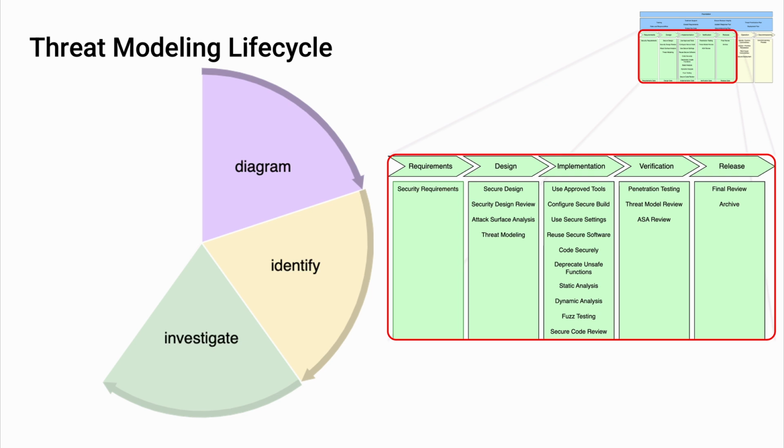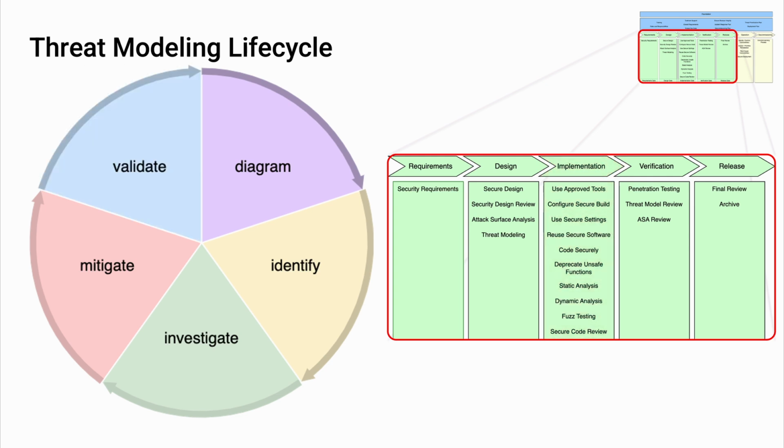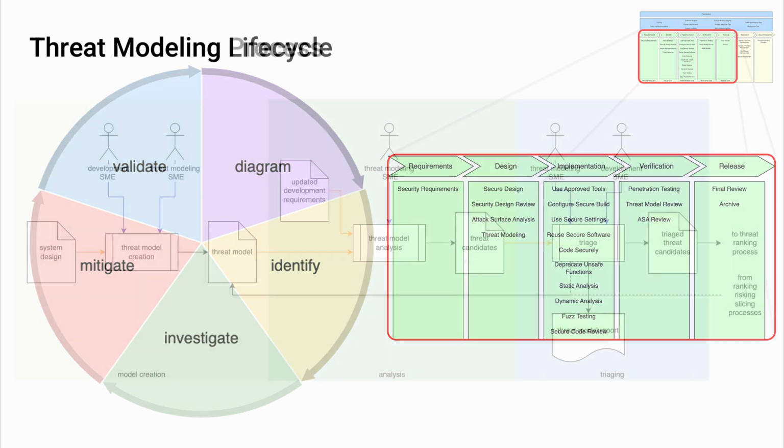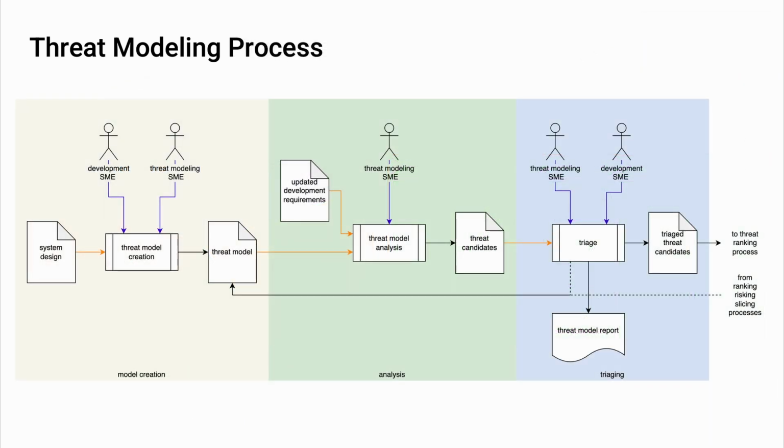Next, we have mitigate, and it corresponds to all the activities within the implementation phase because those processes all contribute to the mitigation of the deficiency. And finally, validation is mapped to the threat modeling review within the verification phase, where we confirm we've eliminated the deficiency.